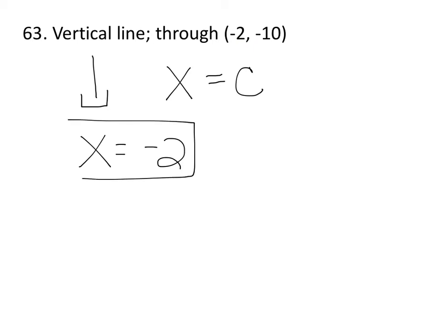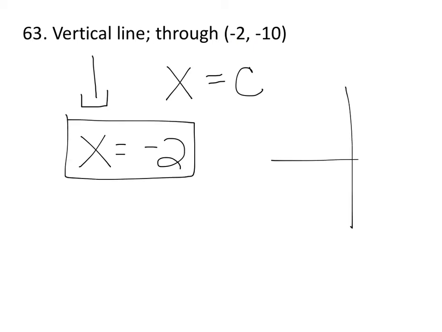Okay, a vertical line through the point negative 2, negative 10. Remember, a vertical line has an undefined slope. So you can do one of two ways. You know a vertical line has a formula x equals c. So you can just look at the x value and do x equals negative 2. And that's your equation.